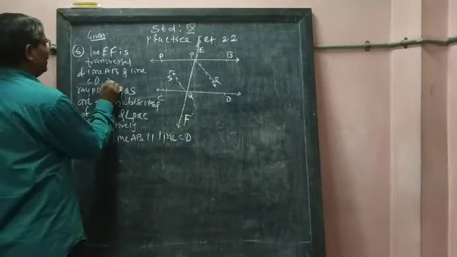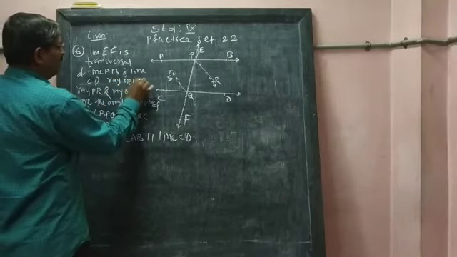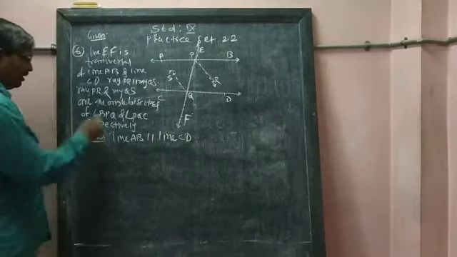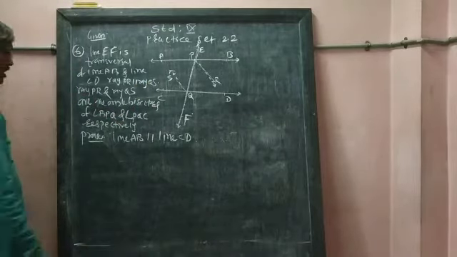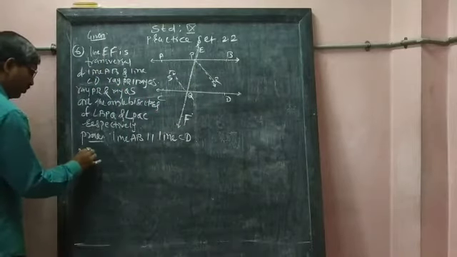Just so you should see that ray PR and ray QS are parallel, but I have not mentioned it here. I am mentioning that ray PR is parallel to ray QS. Then we will take this hint only. I am going to prove here.